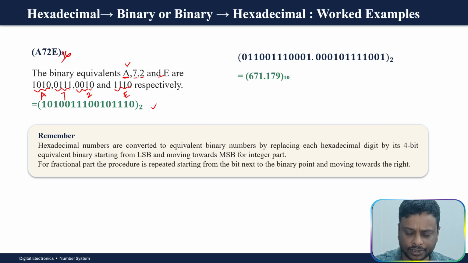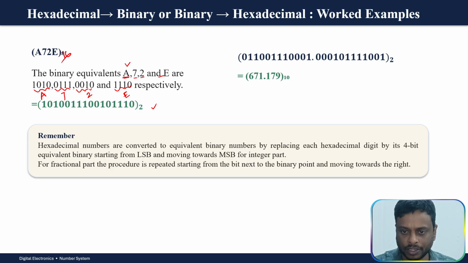So for hexadecimal to binary, what we have done is replace each hexadecimal digit by its 4-bit equivalent binary, starting from the LSB and moving towards the MSB for the integer part. Similarly, for the fractional part, the procedure is repeated for the bit next to the binary point, moving towards the right.